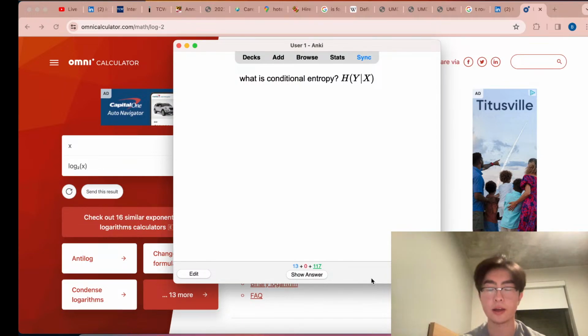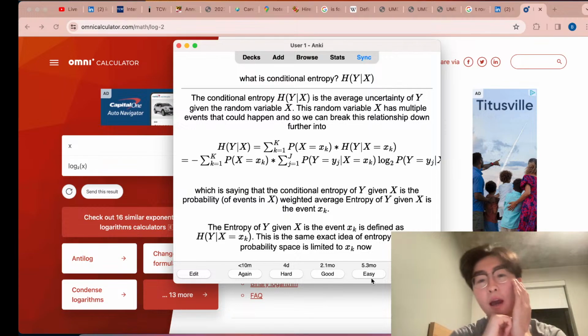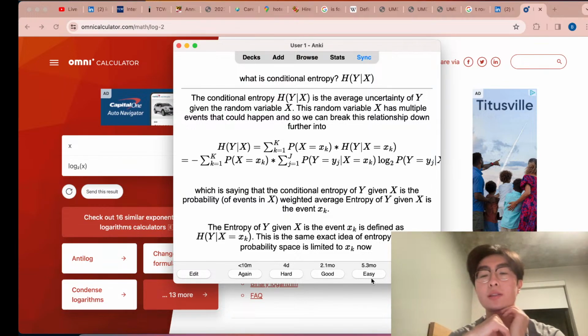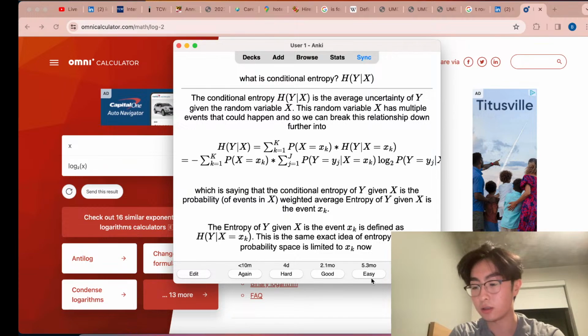Yeah, maybe look at it as, if event x occurs, then what's the entropy of y given that event x occurs? That is the average uncertainty of y given the random variable x. This random variable x has multiple events that can happen, and so we can break this down further into H of y given x. Oh man.